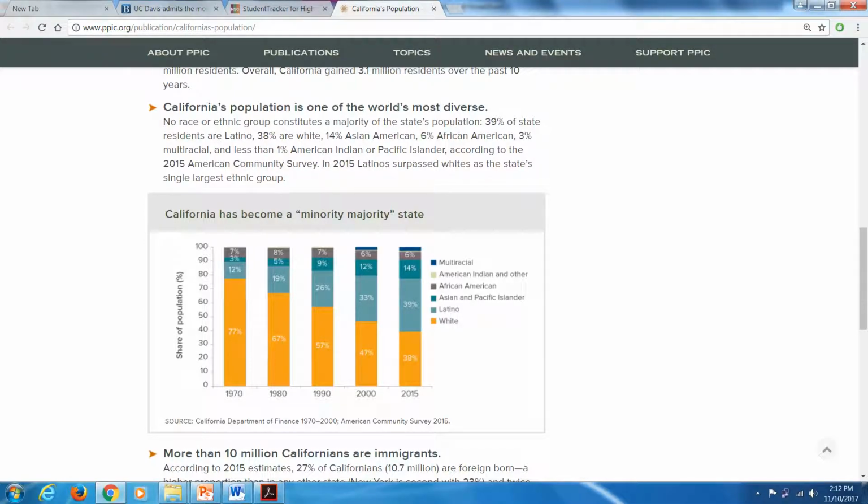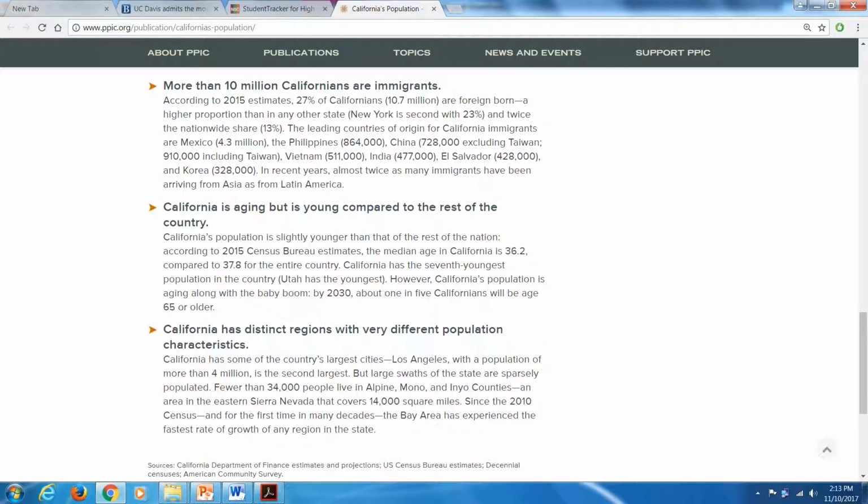Next one says that more than 10 million California residents are immigrants, which actually might be a lot higher. Now we are in 2018, it might be like 13 million. These are the people who were not born in the US.